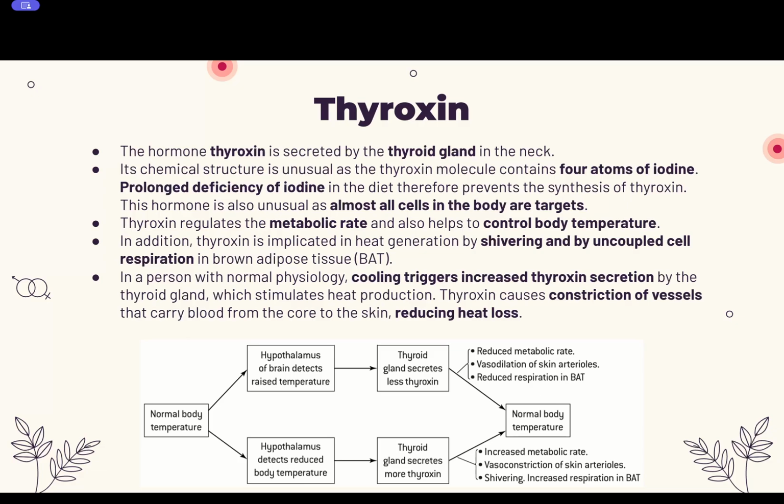So in a person with normal physiology, cooling around someone would trigger increased thyroxine secretion by the thyroid gland, which will stimulate heat production. Thyroxine also causes the constriction of vessels that carry blood, or vasoconstriction, from the core to the skin, reducing the heat loss.